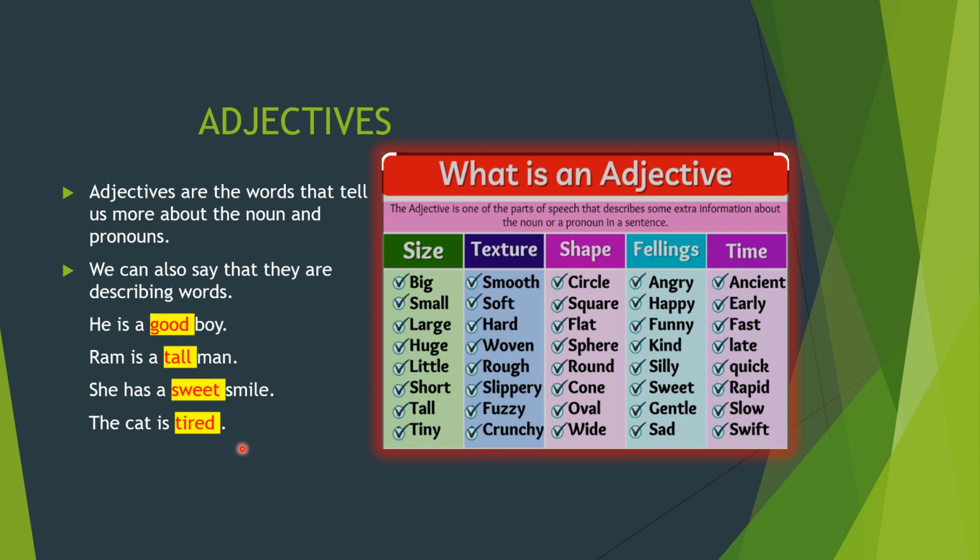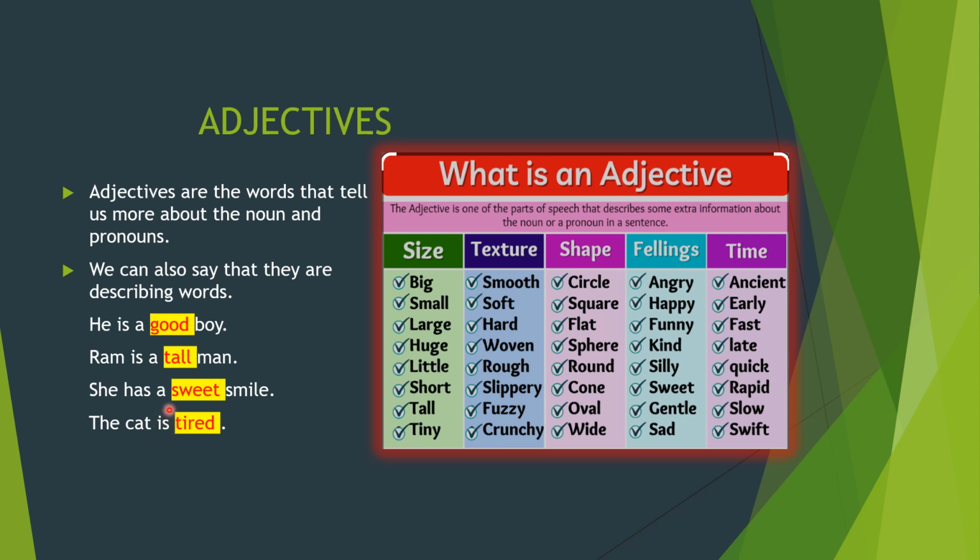Now the cat is tired. Now here cat is your common noun, and is is your helping verb, so a to be verb. So whenever you are getting any ed verb after a to be verb, which is here, because is, am, are, these are all to be verbs, right?